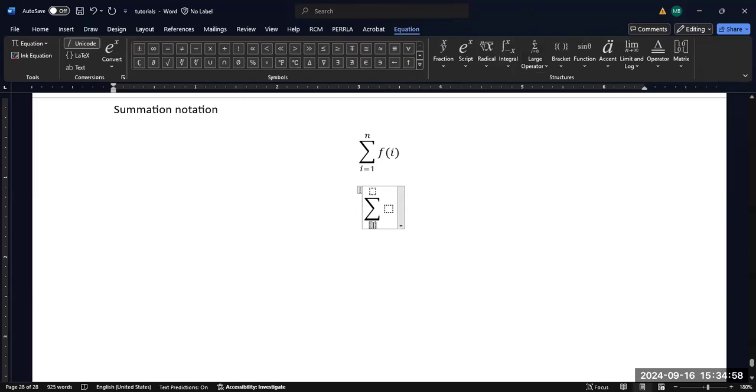If I put in some specific numbers, I equals 1 to 5, let's just say I to start with, then what we're going to be adding up is we start with I equals 1, and then the summation says keep adding, add all these terms together. So then I equals 2, and then 3, and then 4, and then when we get to 5, we stop.